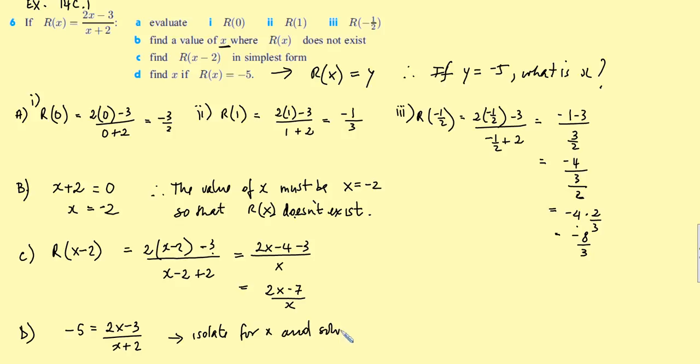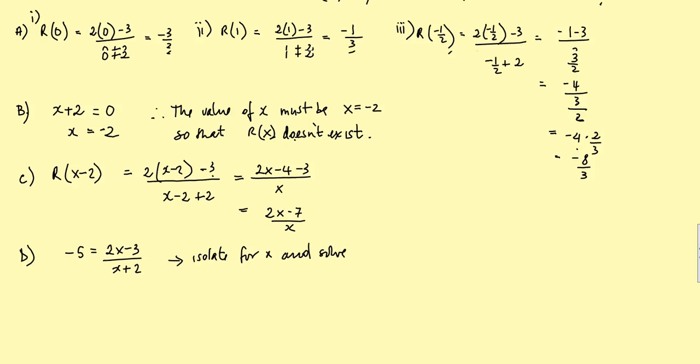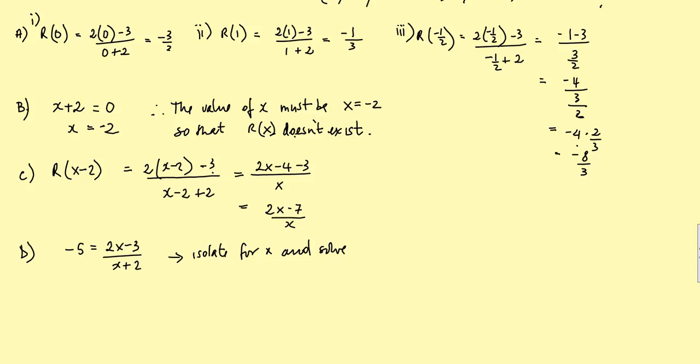So I'm just going to move this up so that we will have negative 5 times x plus 2 is equal to 2x minus 3, and we have negative 5x minus 10 is equal to 2x minus 3.